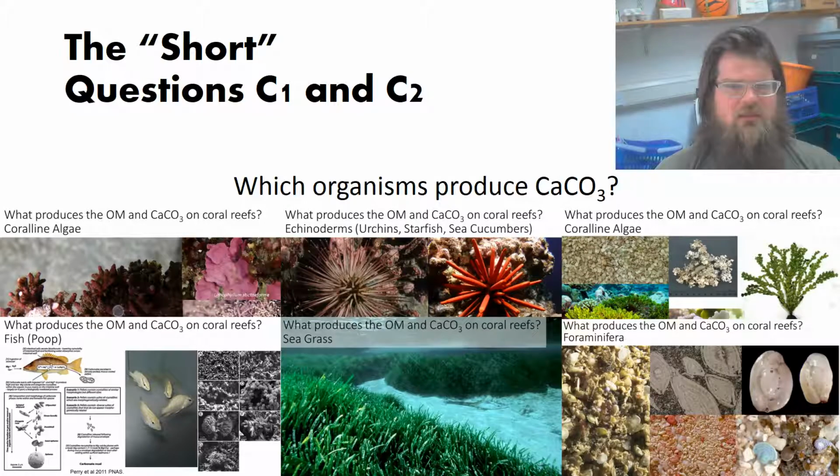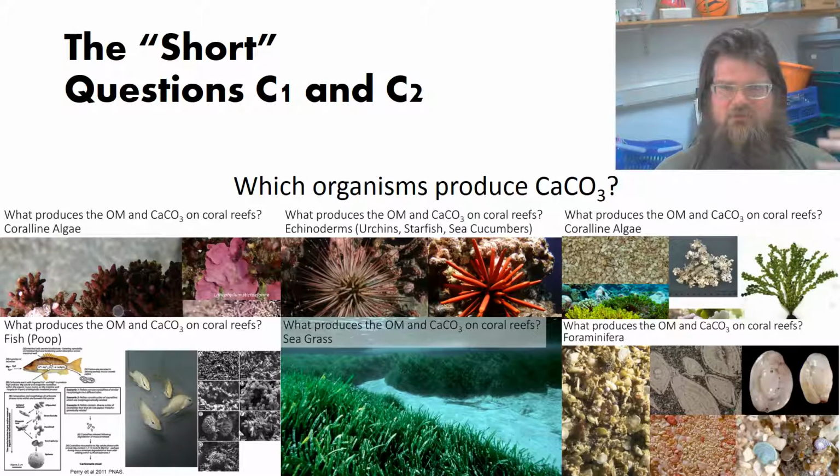That doesn't mean that everything on these slides produces those things. So, for example, seagrass down here only produces organic matter. It doesn't produce calcium carbonate. A few people fell over on that a little bit. Sea cucumbers don't tend to produce calcium carbonate.